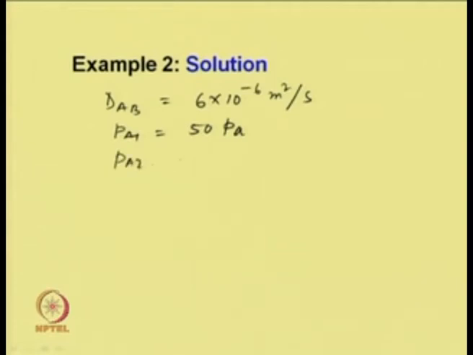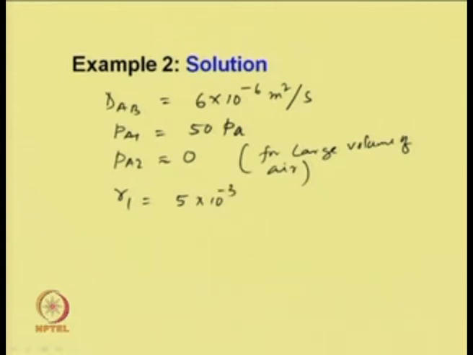P A 2, since this is a large volume of air, we can consider approximately equal to 0 for large volume of air, and R 1 is given as 5 millimeter, which is 5 into 10 to the power minus 3 meter, and R is known to us.